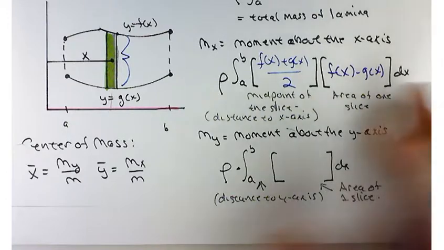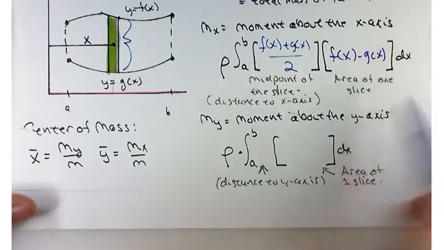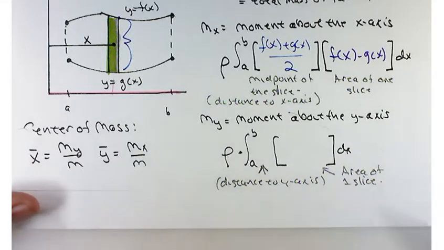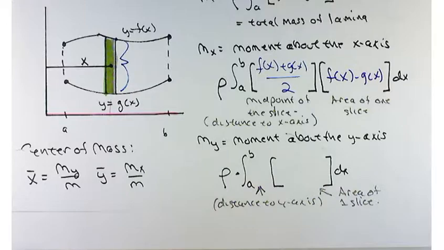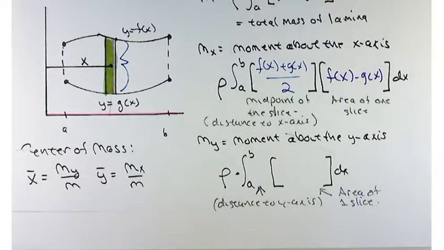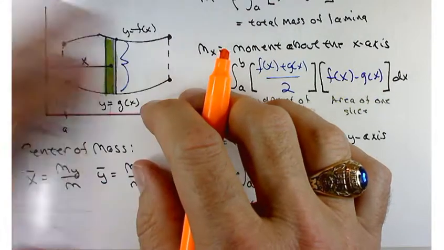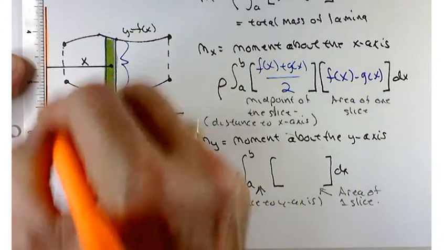We're going to repeat that calculation for the moment around the y-axis. At least around the y-axis, things get a little bit easier. We're still going to try and figure out the rotational force of this slice as it tries to rotate around the y-axis. But one part of our calculation got a little bit easier.